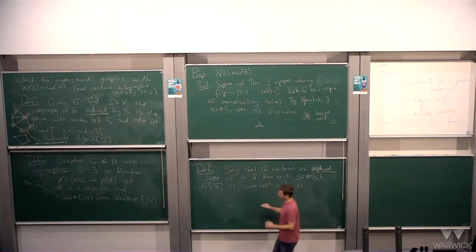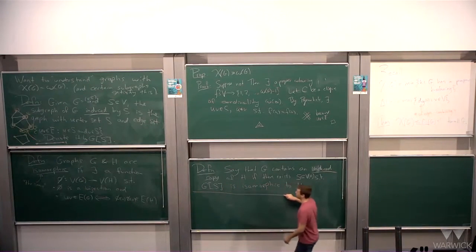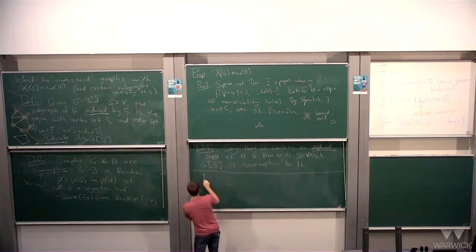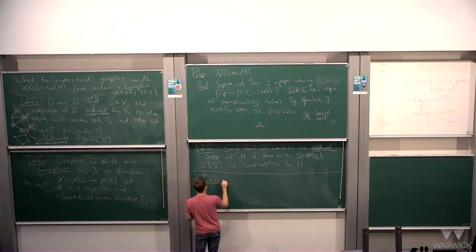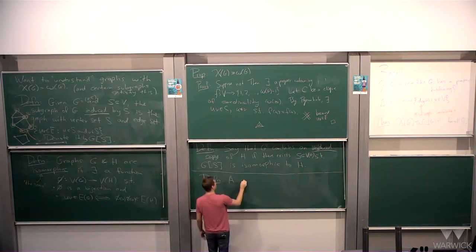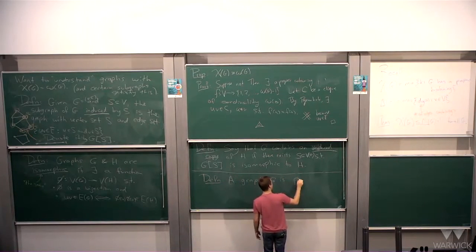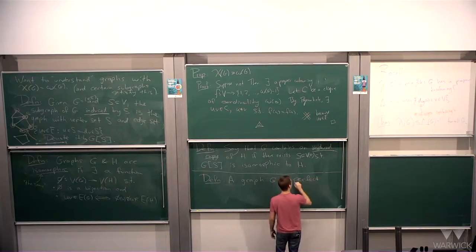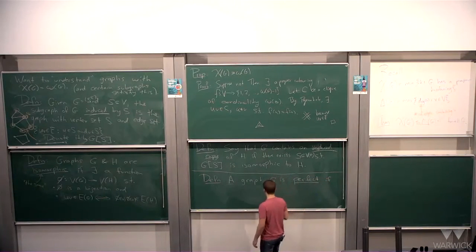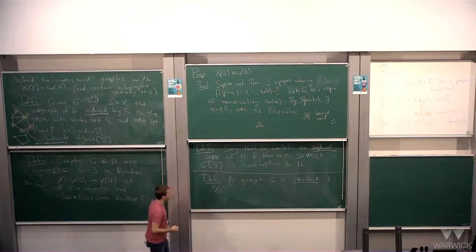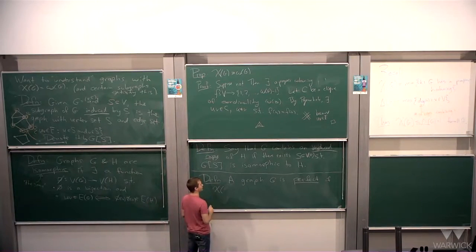Okay, so now we can finally define this notion of perfect graph. A graph G is perfect if, okay, actually I technically don't need these last 2 definitions, but I will later.